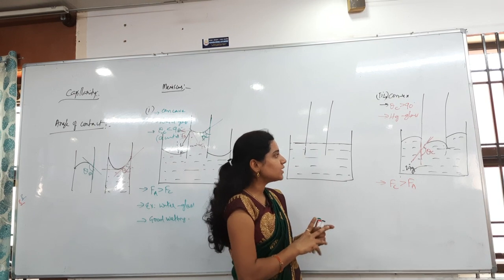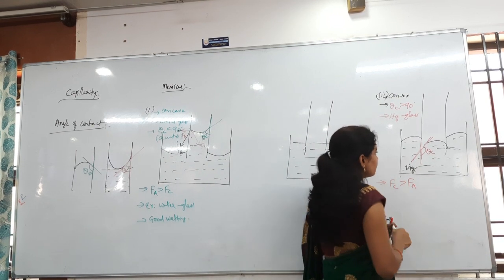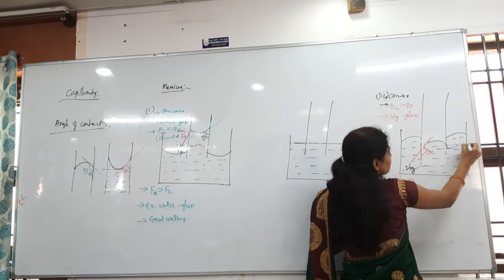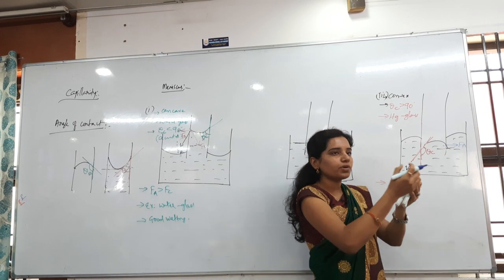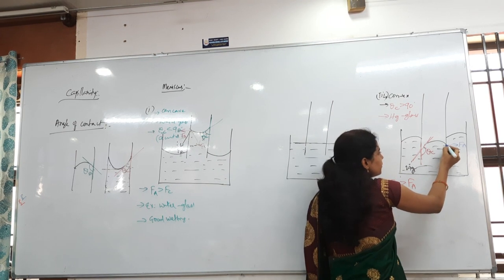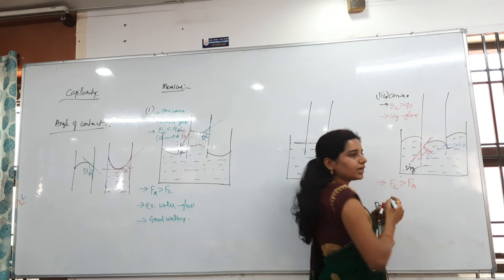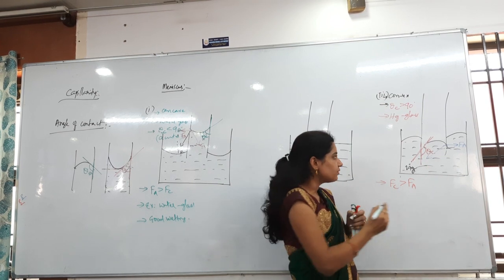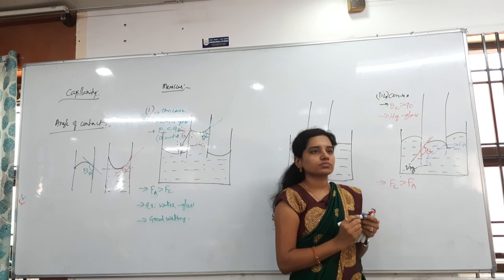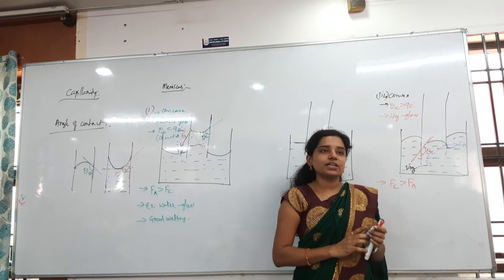Whenever you see the resultant here, where will the resultant be? Let me take, this force here is obviously the adhesive force only. The glass will try to pull in that direction, adhesive force. And where the cohesive forces are acting, into the liquid only, obviously. So cohesive forces are acting into the liquid. Then where will the resultant be? Which is greater here?